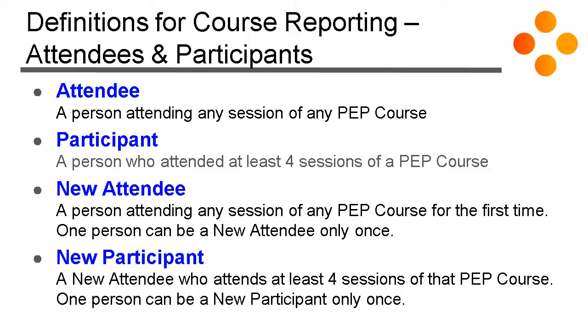And a new participant is a new attendee who attends at least 4 sessions of that PEP course. So a person can only be a new participant once. New attendees and new participants are part of the end course report, and we'll say a little more about that when we cover that.